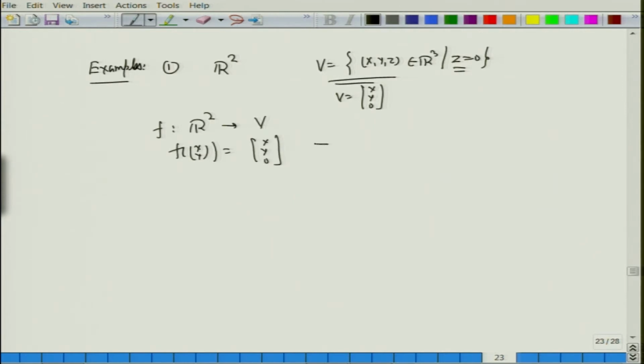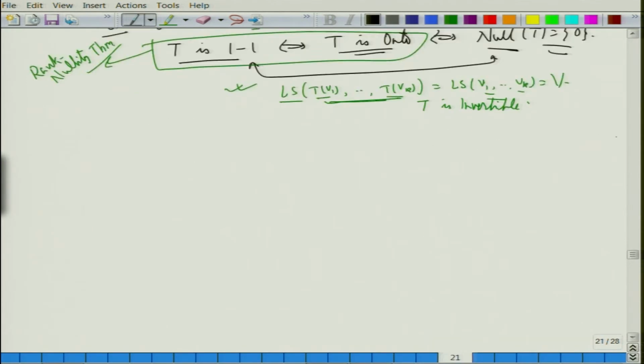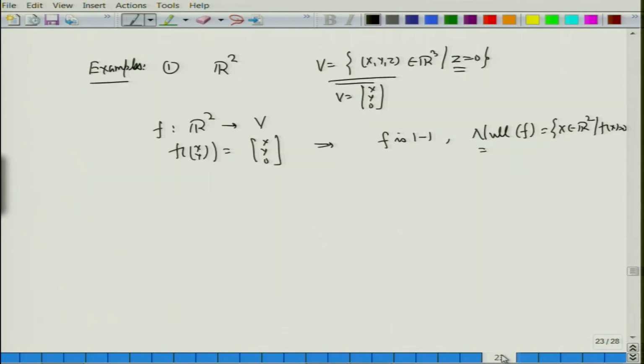This implies that f is 1-1, because you can see that the kernel, or the null space of this map f, is the set of x belonging to R2 such that f of x is 0, which is the same as x, y, 0 being 0, 0, 0, which is the same as x is 0 and y is 0, which is the zero vector itself.